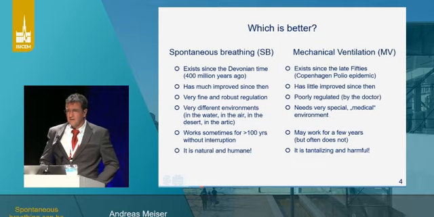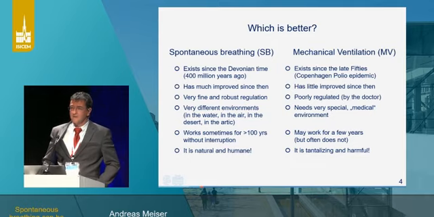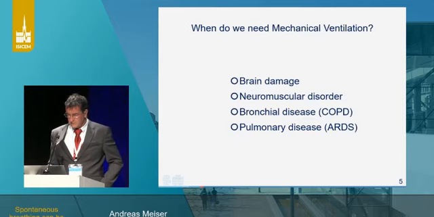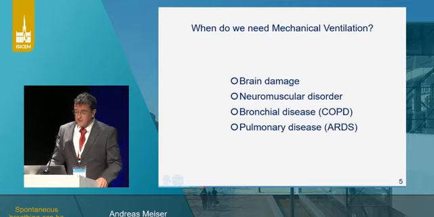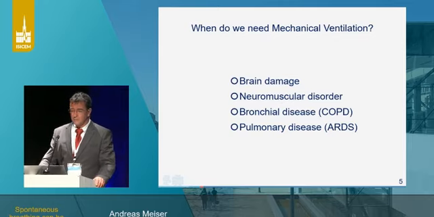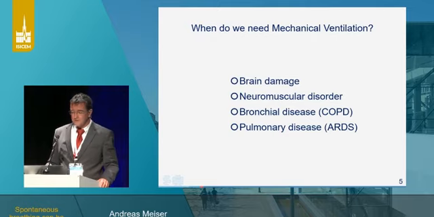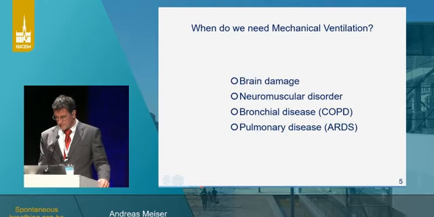Patients die of complications, and it is tantalizing and harmful. But sometimes we need mechanical ventilation: in patients with brain damage, comatose patients, in patients with neuromuscular disorder, with bronchial disease, or with pulmonary disease like ARDS. Let's talk about ARDS.